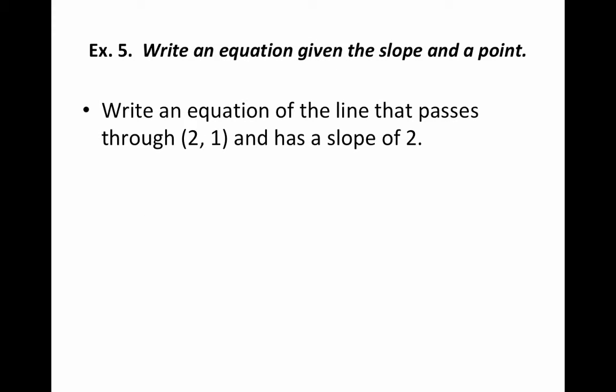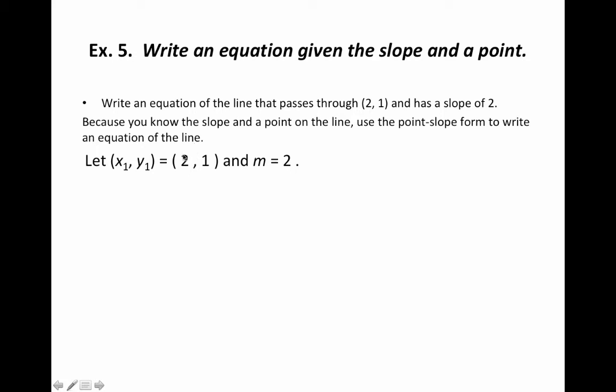On the next problem, we're going to write an equation of the line that passes through (2, 1) and has a slope of 2. Okay, so we've got the slope, we know m. We're given a point. Because the x value is not 0, we know this is not the y-intercept. It's just a general point on the line. So we're going to use (2, 1) as (x1, y1), and we're going to start with point-slope form.